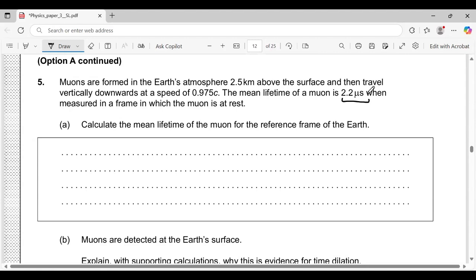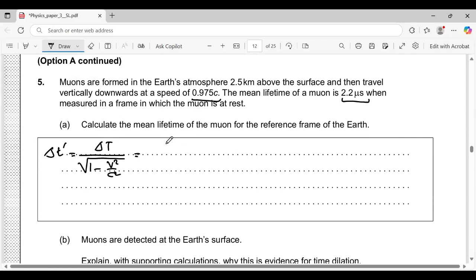Okay. And the speed v is 0.975c. So I would like to use the formula for time dilation: delta t' equals delta t over the square root of 1 minus v squared over c squared.